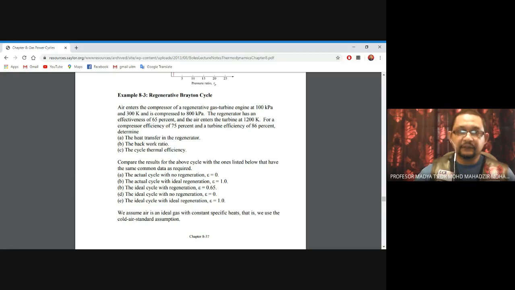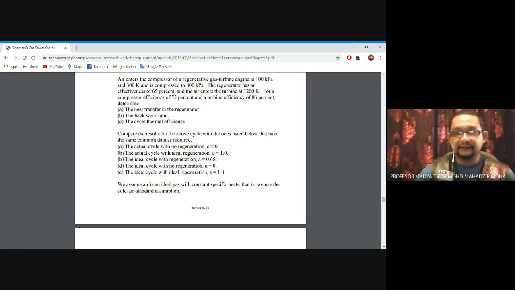So the method for the calculation analysis must be based on the calculation formulas, not on steam table analysis. Okay, based on the formula. So here we assume air is an ideal gas with standard specific heat, and we also use cold-air-standard assumptions.